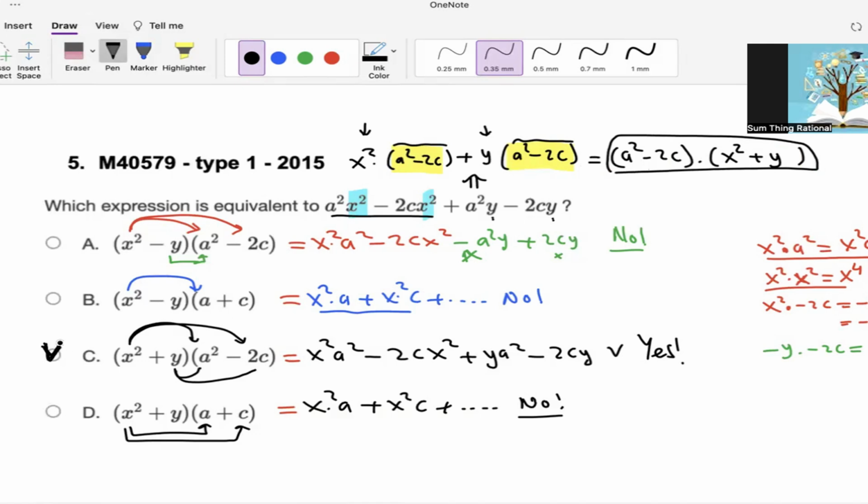So you can solve this question two ways. One of them is from the answers: you can multiply the answers and get the original expression. Or from the original expression, if you think it's an easy question for you, we can factor by grouping. You can do it as well. Definitely the second way is the shortest and the easiest way.